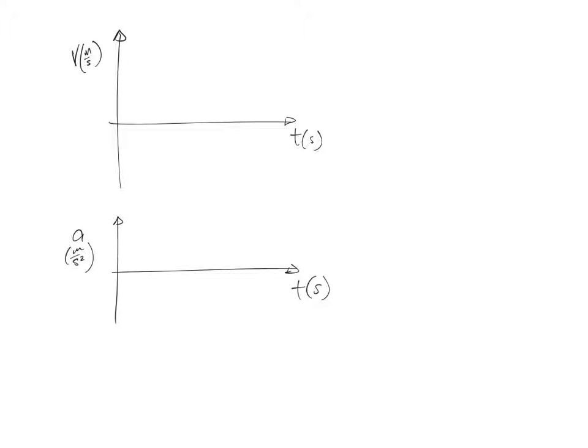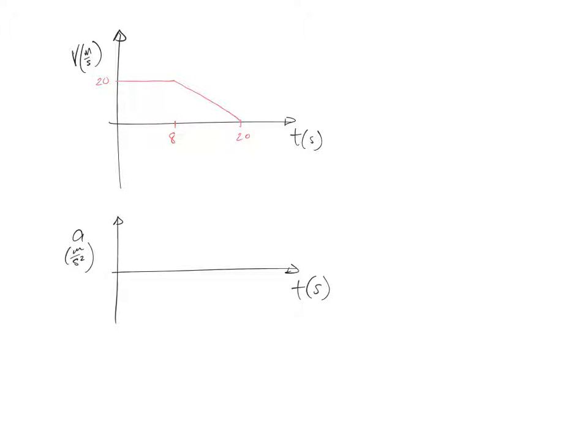So then, looks like my object moves with a constant velocity of 20 meters per second for 8 seconds. So that's 8 seconds there. And then it slows down for the next 12 seconds to a stop. Right? And so this is 20 seconds, right?